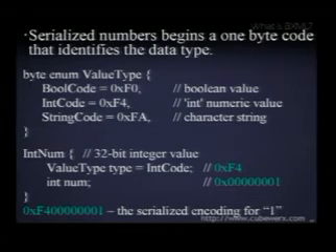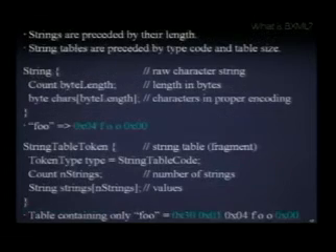Here we've got an enum that gives us all the codes for the types, and an integer number would be represented by F4 for the type, and then 4 bytes for the value. Looking at strings, they'll be preceded by a length and a series of characters.